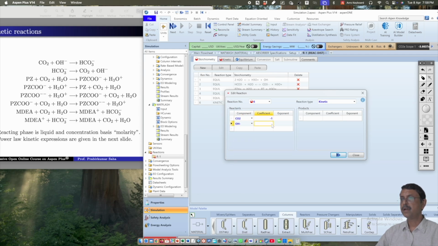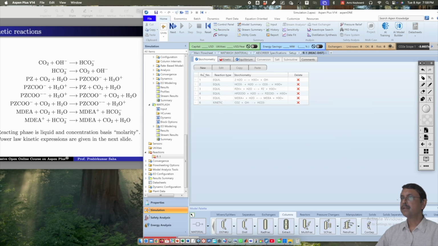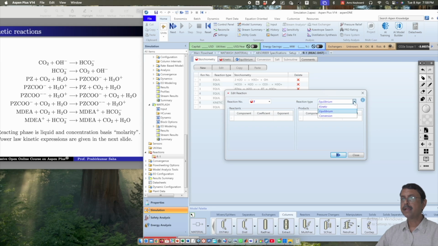Both of them are 1 with exponent 1. HCO3 minus. Okay. So this is the reaction number 6. Reaction number 7 will be again kinetic.